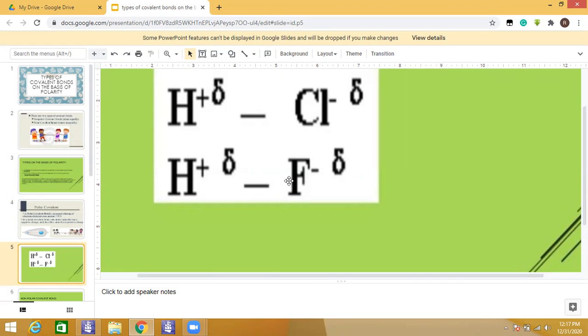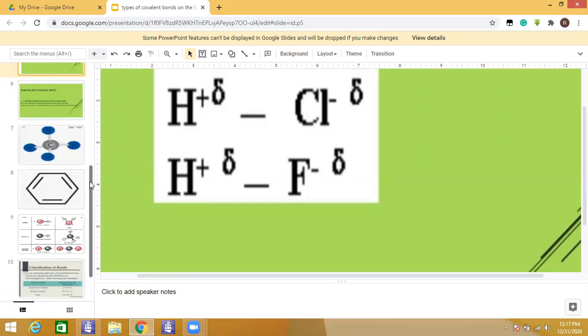As a result, fluorine is partially negatively charged and hydrogen partially positively charged. Similar is the case with other examples of polar bonds like HBr and water. In these polar covalent bonds, we have a greater difference in electronegativities of the two atoms forming a bond. The more polar the bond, the greater are the charges on the atoms.